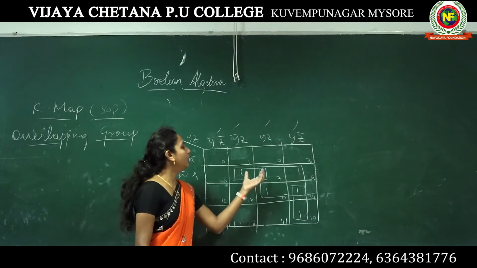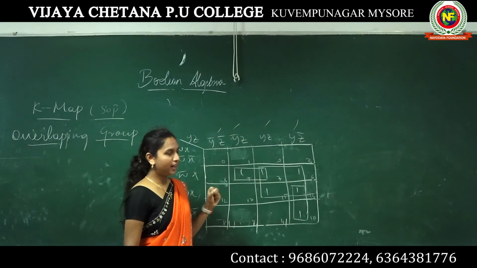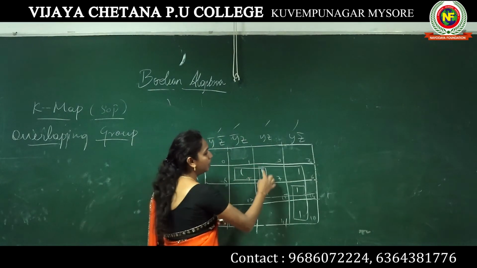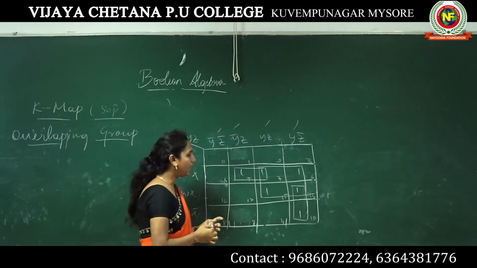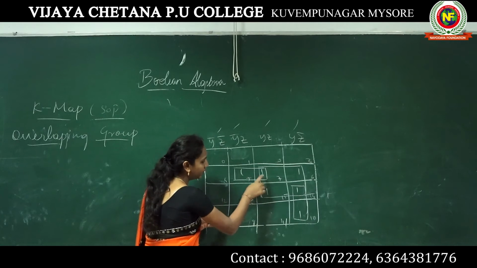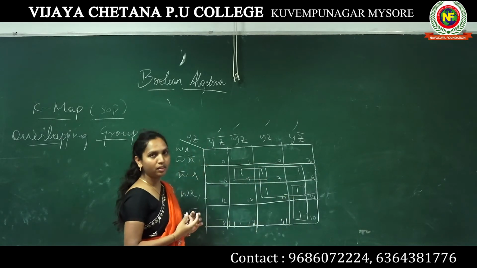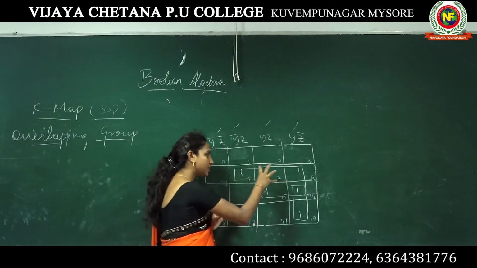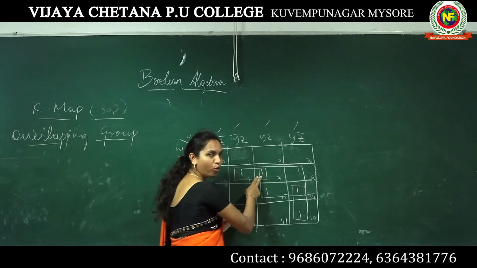See here. When you have this kind of situation, here you made a quad, and then there is a 1 here and again a 1 here. So you can make a pair with this one, and again a pair with this one. So here the quad and pair become overlapped.